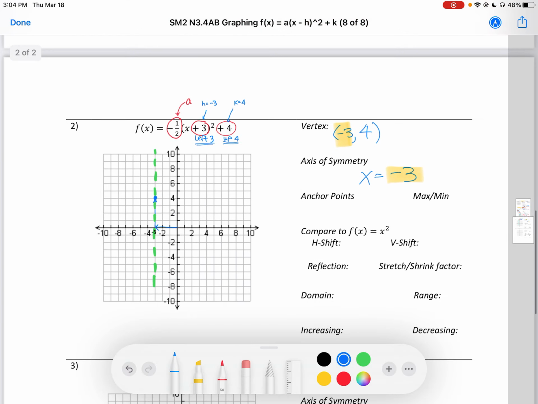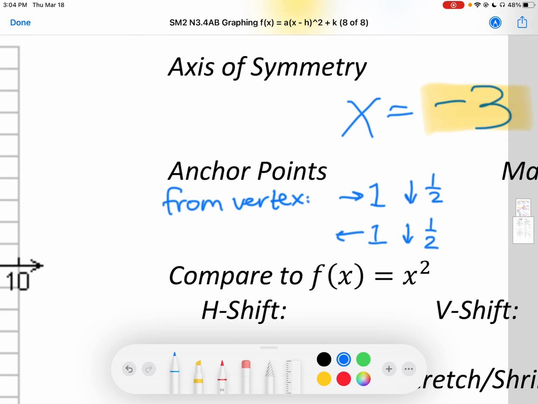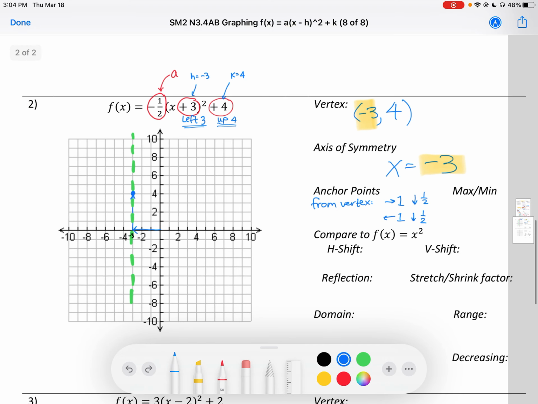So from the vertex, I'm going to go right 1 and down 1/2 and left 1 and down 1/2. If the way I'm writing this doesn't make sense, that doesn't really matter. That's just my shorthand way of writing it down.